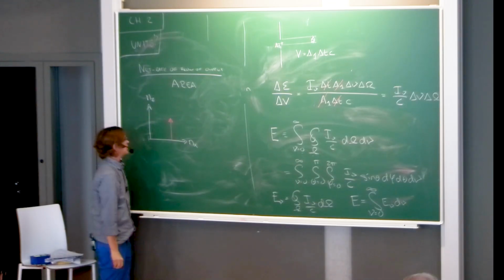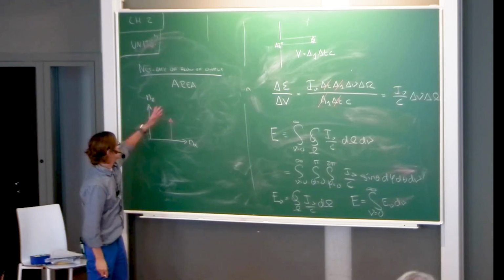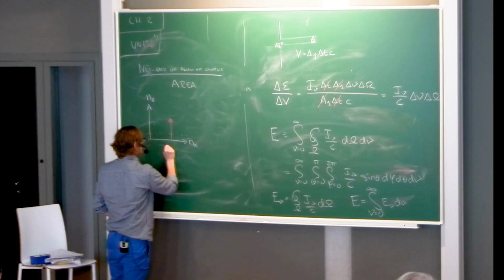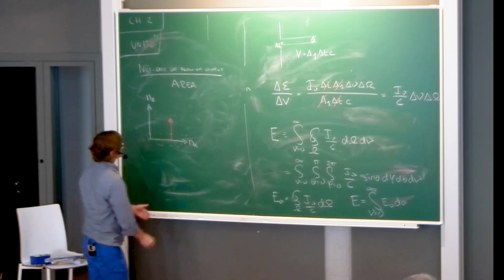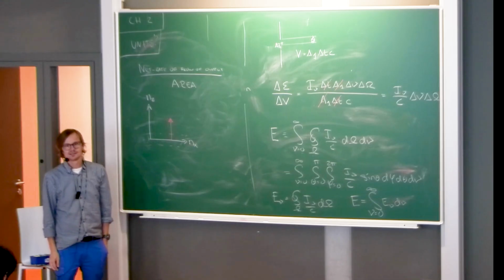We're interested in the net rate of flow of energy per unit area in this direction. That would be the flux. So in this case, what would the flux be in that direction? If the magnitude is 1, what's the net rate? Well, it's 1.